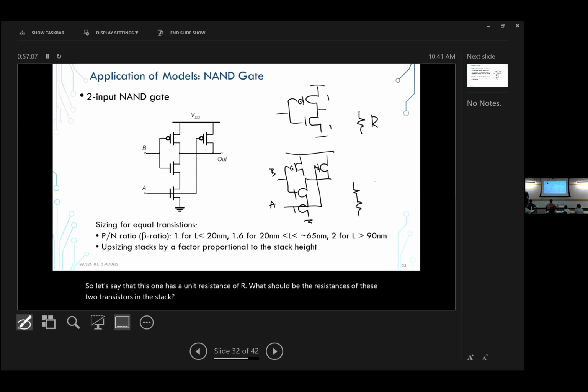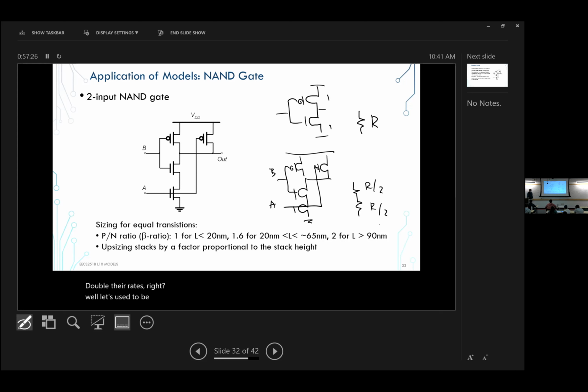R over 2, right? So how should I size the two transistors in the stack to have a resistance of R over 2? Double their widths, right? Well, that used to be true.